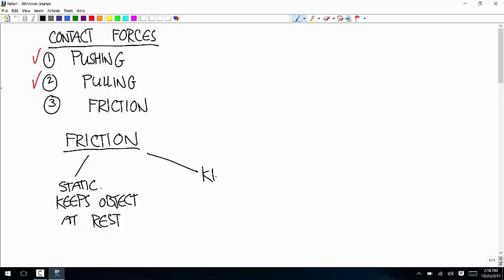And then there's kinetic friction. And that's the one that acts on a sliding object. So the object has to be moving.